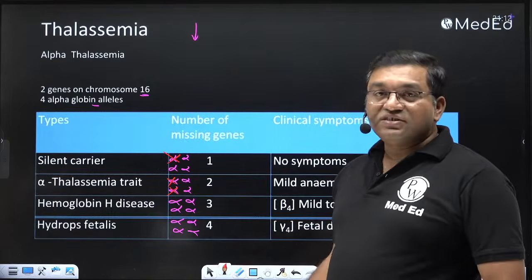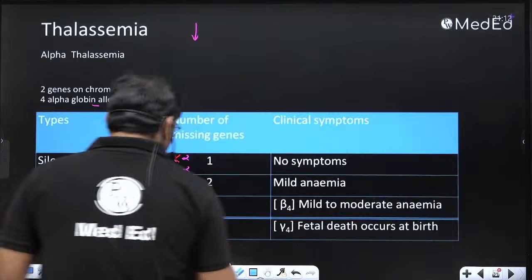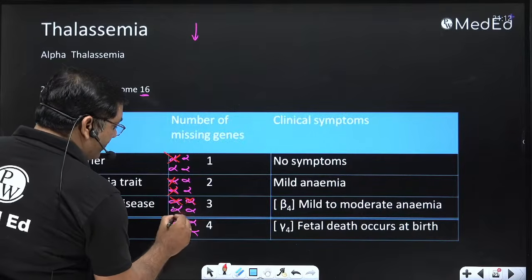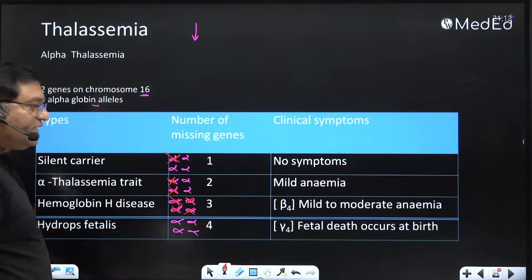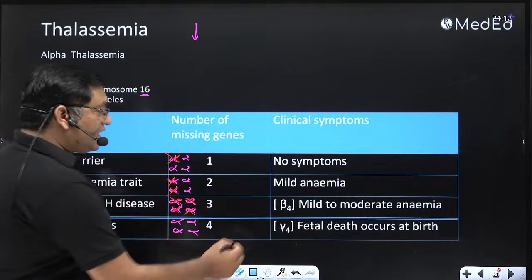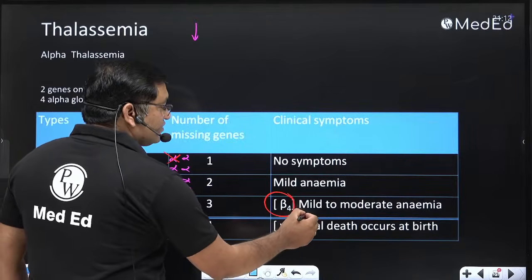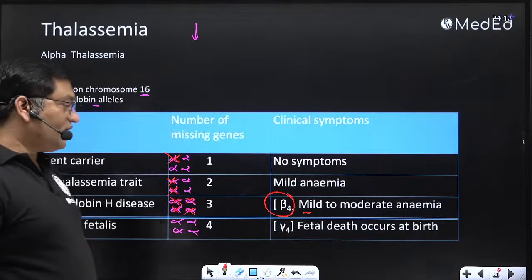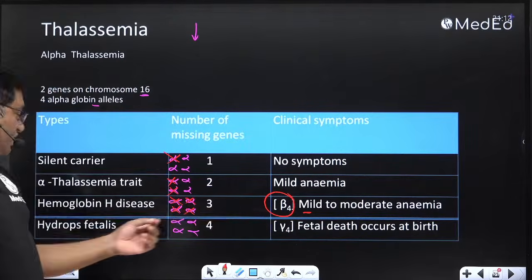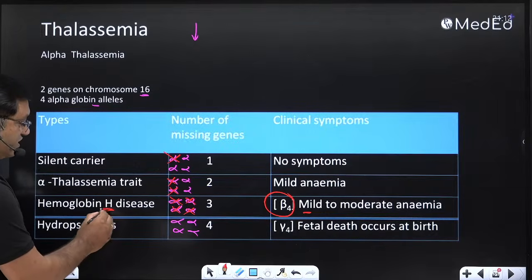When three genes are missing, there is compensatory formation of beta tetramer, and this gives mild to moderate anemia. It is known as hemoglobin H disease.